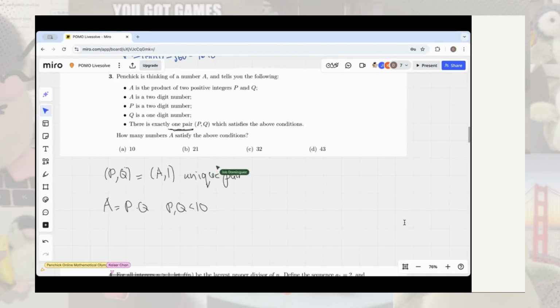So let's divide it into two cases. The first case, A is prime, and the second one, A is not prime.